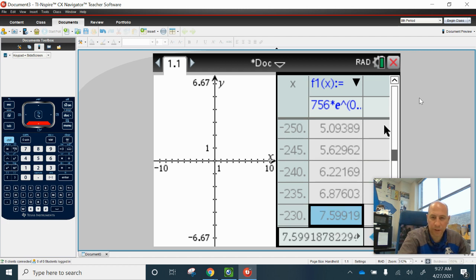Negative 230 is 7.59. And then negative 225 is 8.39.